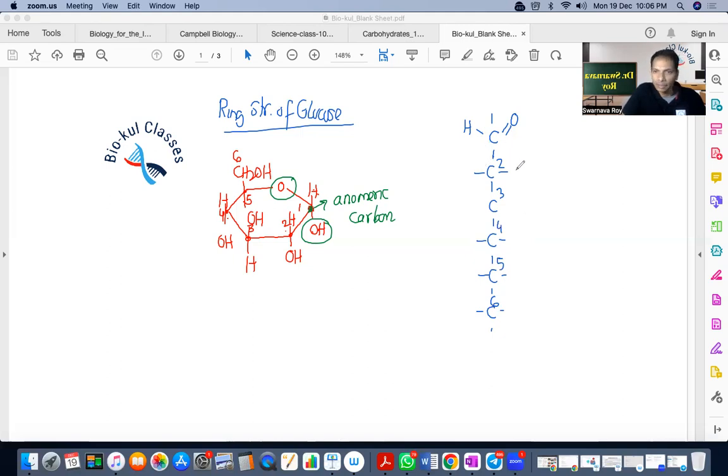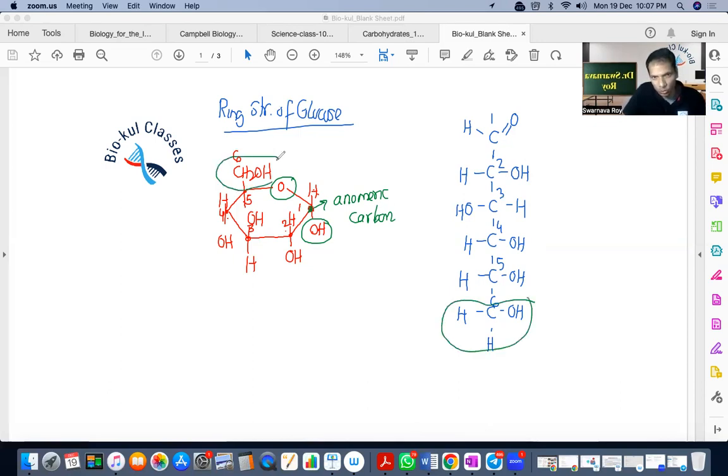And as you can see, this is OH, H. The third carbon, the OH is on this side. We have OH, H, and OH. This is the CH2OH. We'll draw it with the green.